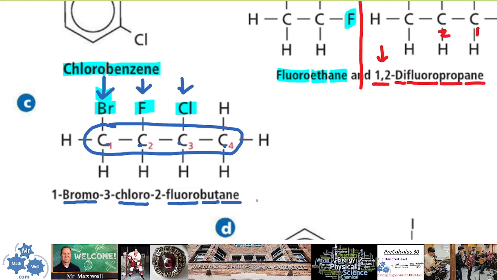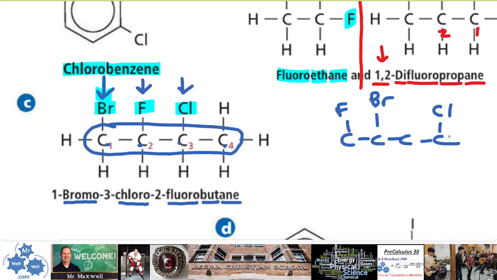So you would name it from one end or the other where bromine has the lowest possible number. Like one has to start. So if it was like this, bromine, fluorine, chlorine, then you would give bromine the number 2. It would not be 3. So bromine would have to be 2. So this would be 2 bromo.